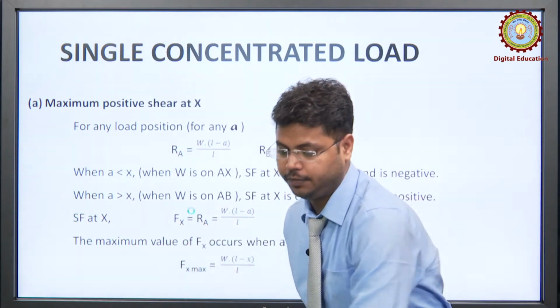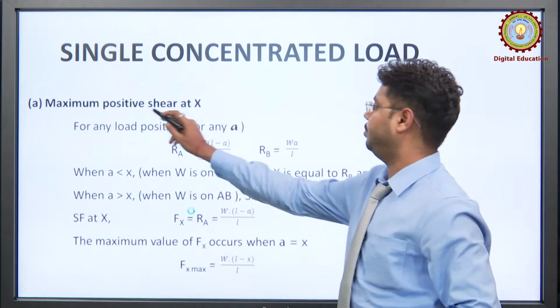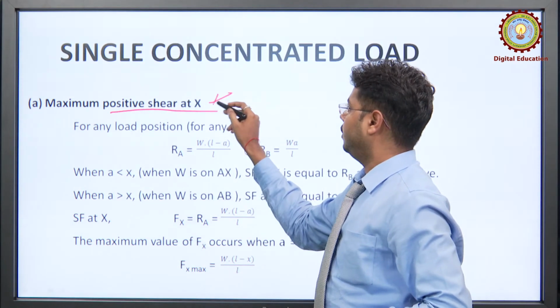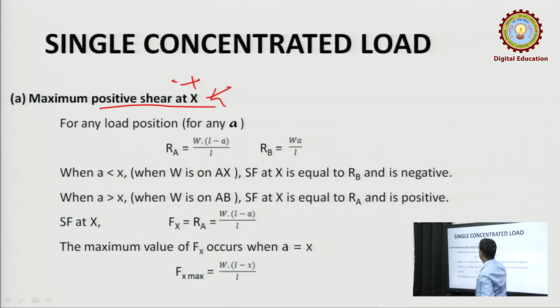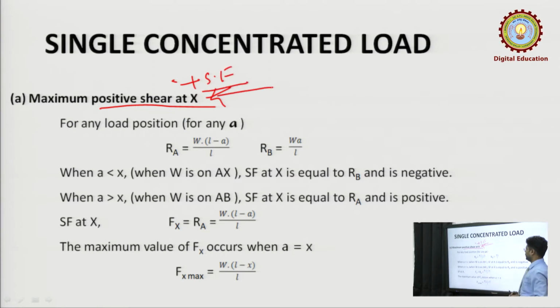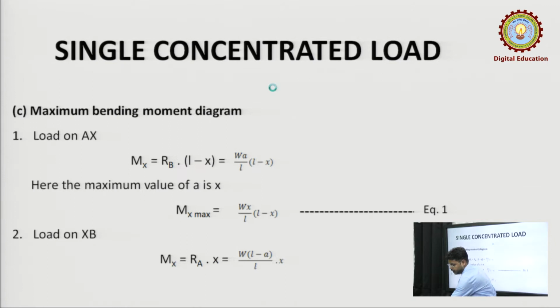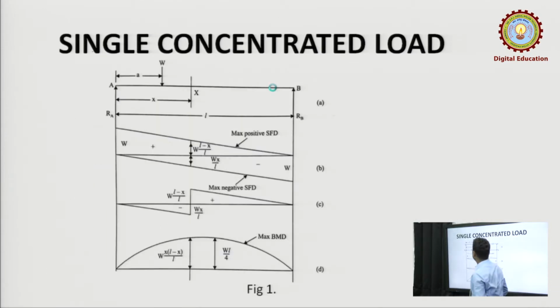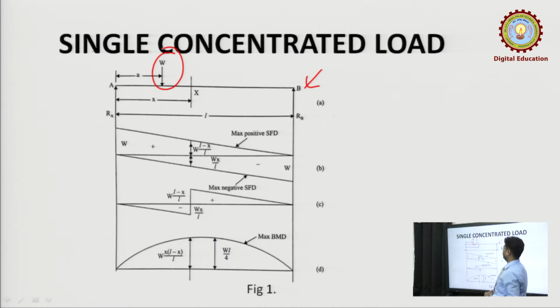How can we calculate the maximum positive shear force? We are going to draw the maximum positive shear force diagram, and first we give a little idea of its shape. We have a beam with a rolling load at a distance a. What will the shape be? The shape is linear.